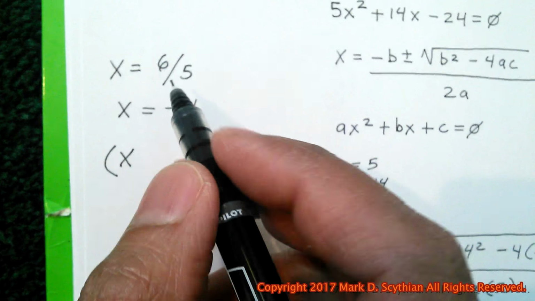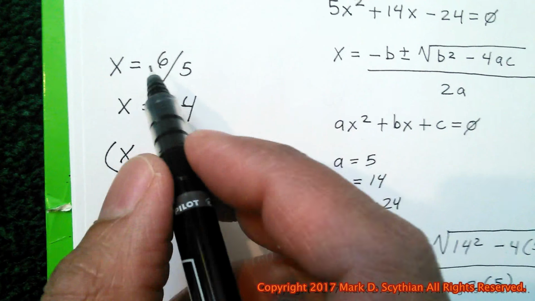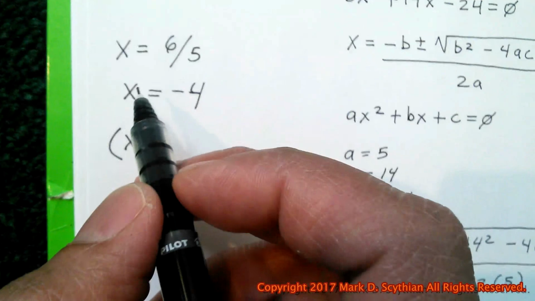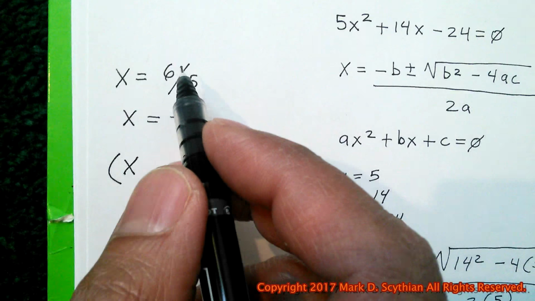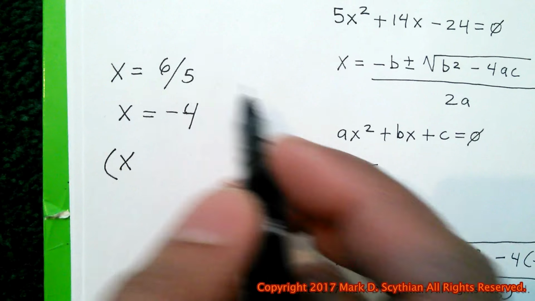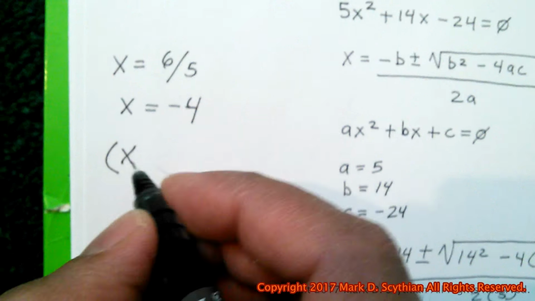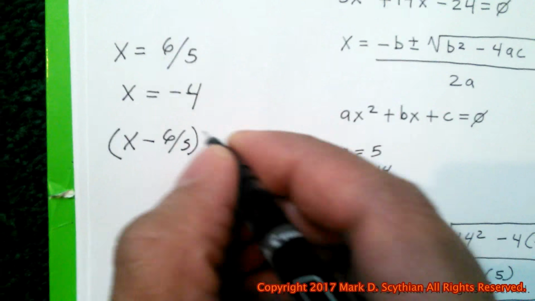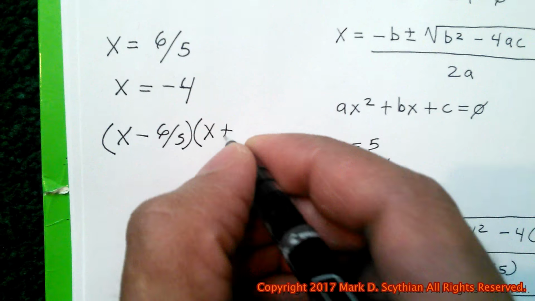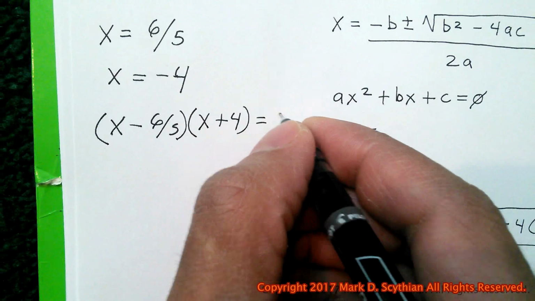When we do so, the sign will change, because x plus some value equals 0 means the sign will change. So x minus 6/5 and x plus 4 are equal to 0.